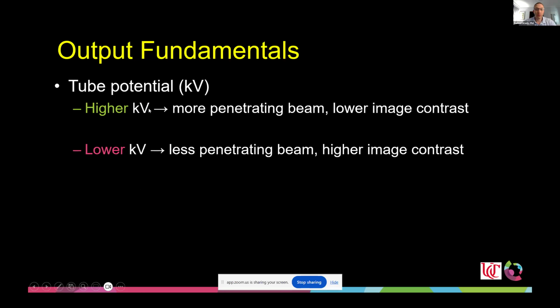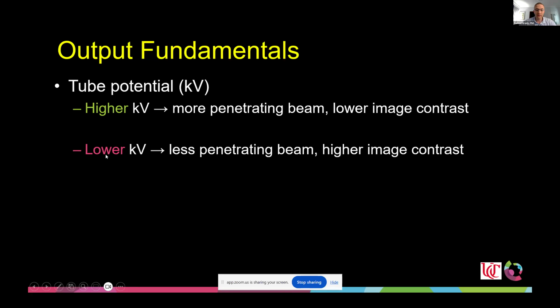So probably one of the most important factors that you will adjust in X-ray is the tube potential, or KV value. A high KV value has a more penetrating X-ray beam and therefore will pass through both bone and soft tissue fairly equally, which leads to lower image contrast.